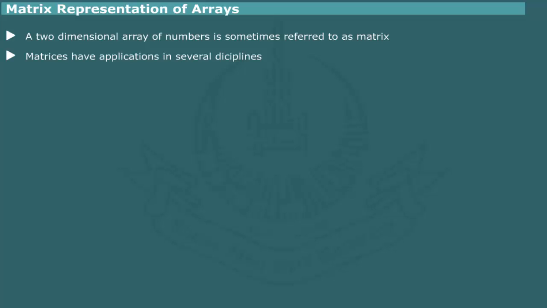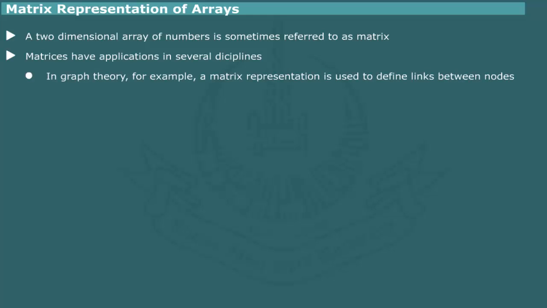Matrix representation of arrays. A two-dimensional array of numbers is sometimes referred to as a matrix. Matrices are frequently used in computer science and engineering disciplines. In graph theory, for example, matrices are used to represent links between nodes.